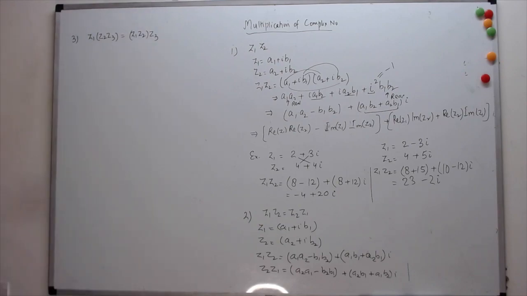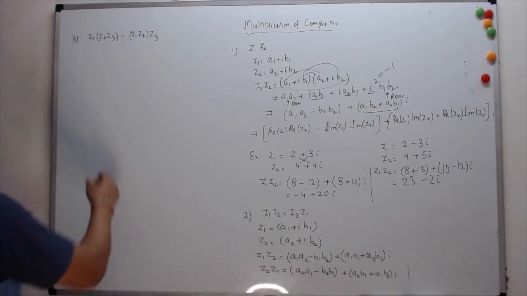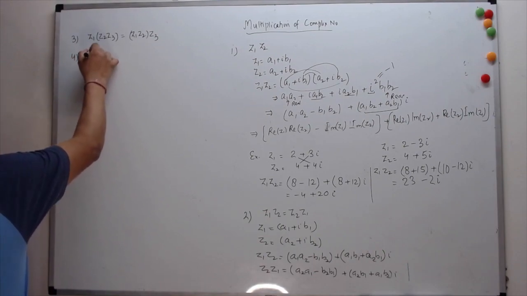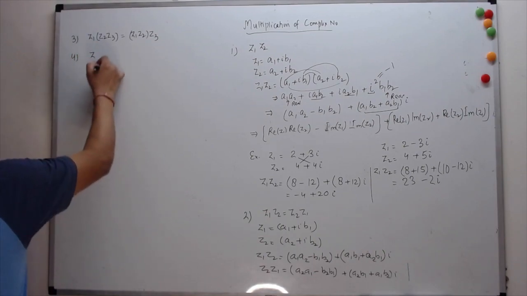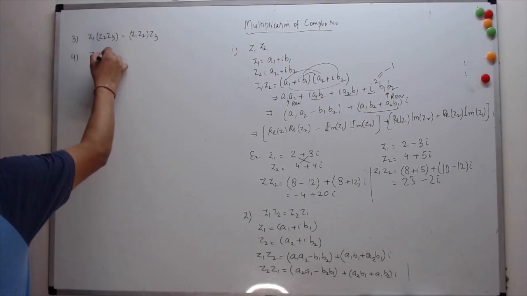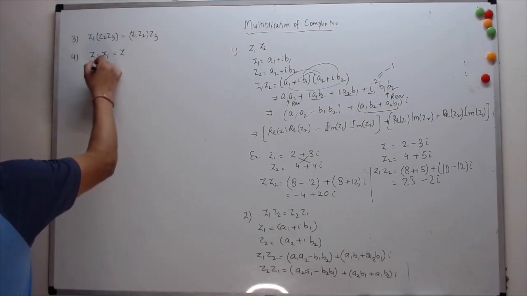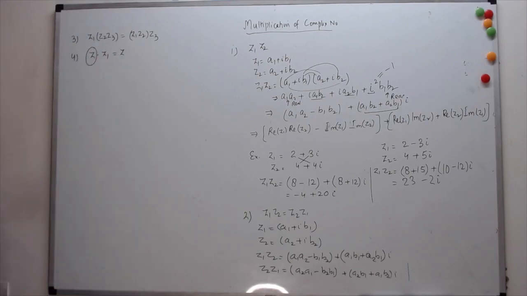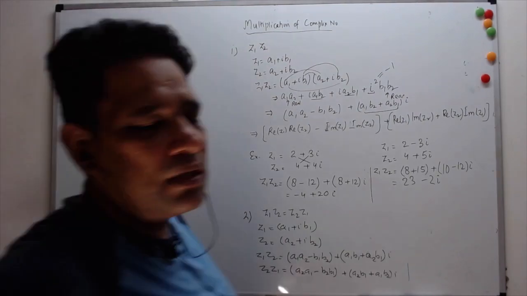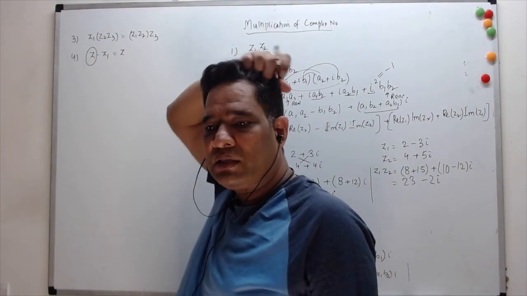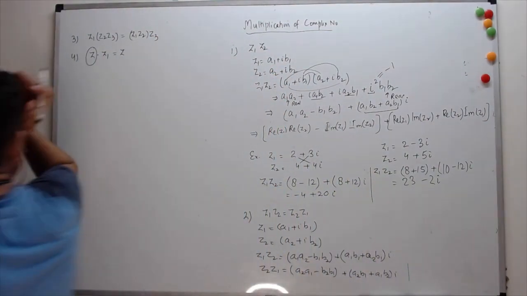That's also a property. Now the other is what we call the multiplicative identity, where when you multiply z with some number, let's say z1, it still gives you the same complex number z. So when you multiply z with another complex number and it gives you the same value, what is the value of z1?